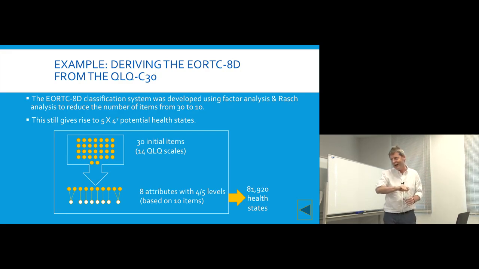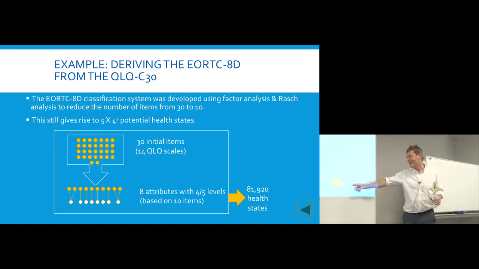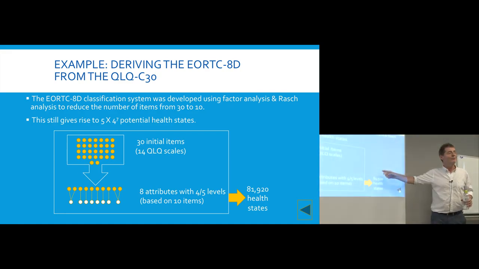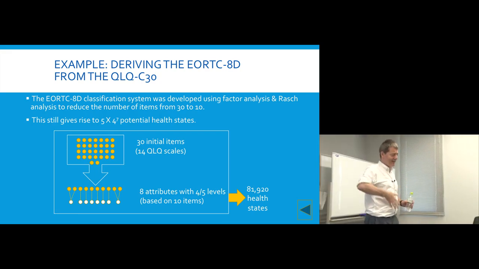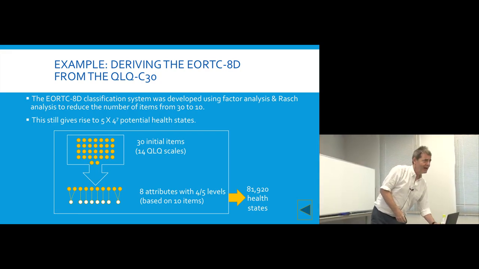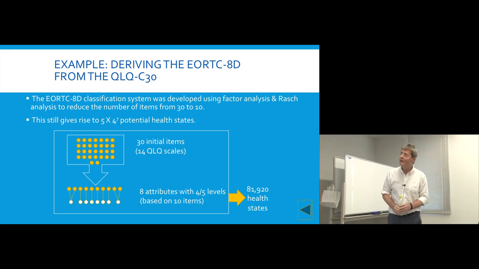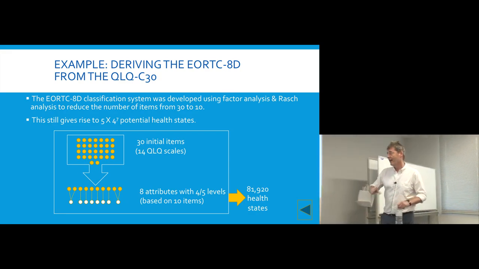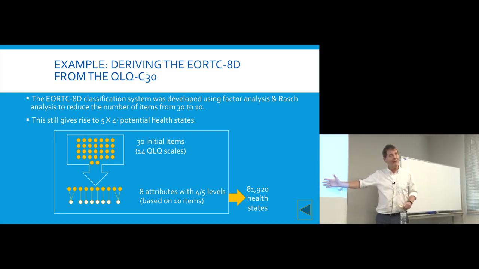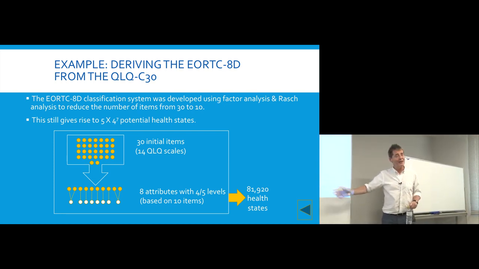But if you have 8 attributes with 4 or 5 levels, that gives you 82,000 potential health states. Now, it's probably still too many, but anyway, that's where they stopped. So they said, right, we've reduced the number of items, so our descriptive system, the EORTC8D, is going to allow us to identify 82,000 different health states.